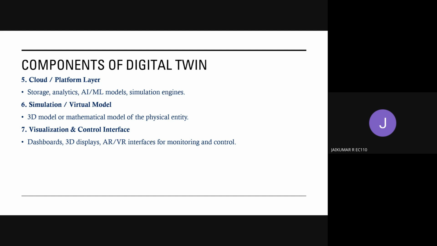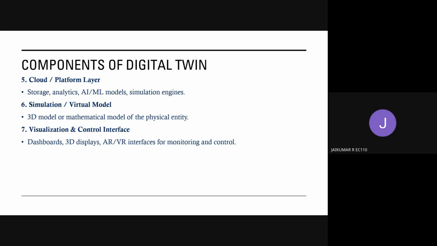We get the data from the physical entity, that machine, by using sensors, and we transmit the data using connectivity methodology. Before we feed the data to the cloud, we do some pre-processing in the edge layer. After we receive the data in the cloud, we have an AI and ML model that processes the sensor data and takes some decision.